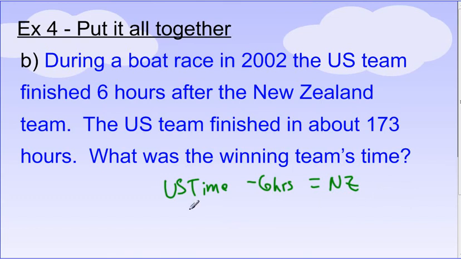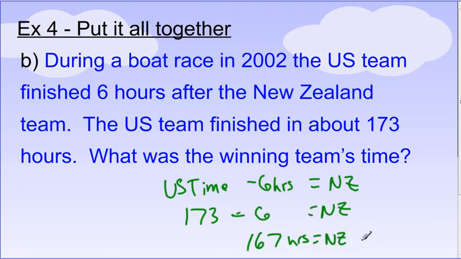Now we plug in our information. We know the U.S. team finished in 173 hours. So 173 hours minus 6, that's 167 hours was the New Zealand time.